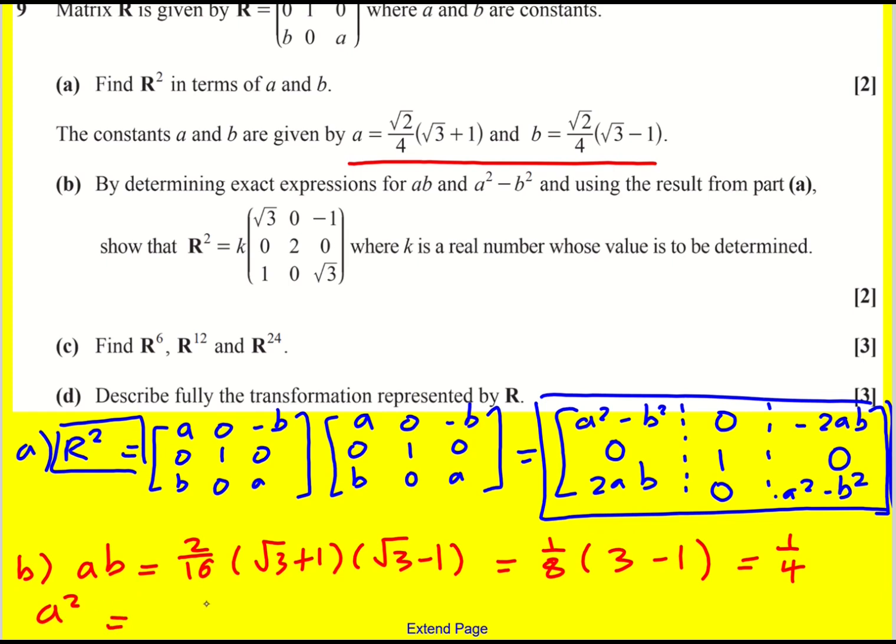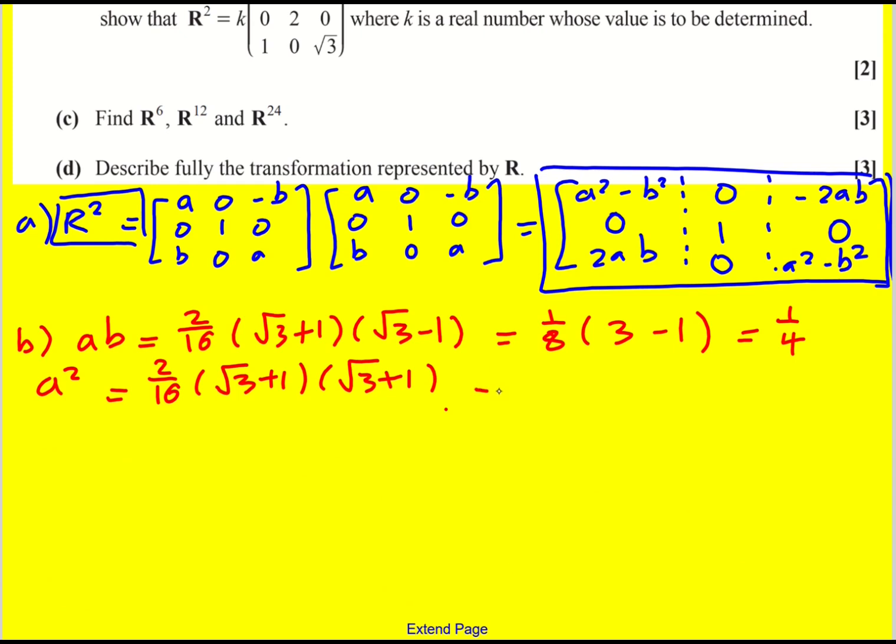Let's deal with a squared now. So that's going to be 2 over 16 when I do root 2 over 4 by itself, times it by itself. And then this time I've got root 3 plus 1 times root 3 plus 1. I'm going to end up with a third. 1 over 8, so I'll get 3 plus 1 to give me 4, plus 2 root 3, which will be 1 over 4, 2 plus root 3.